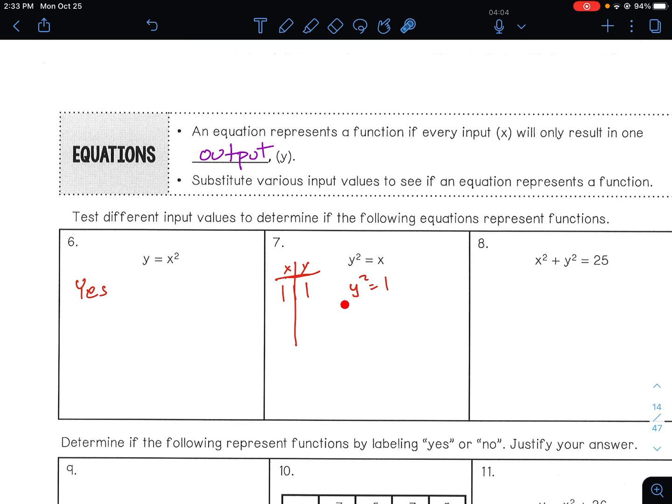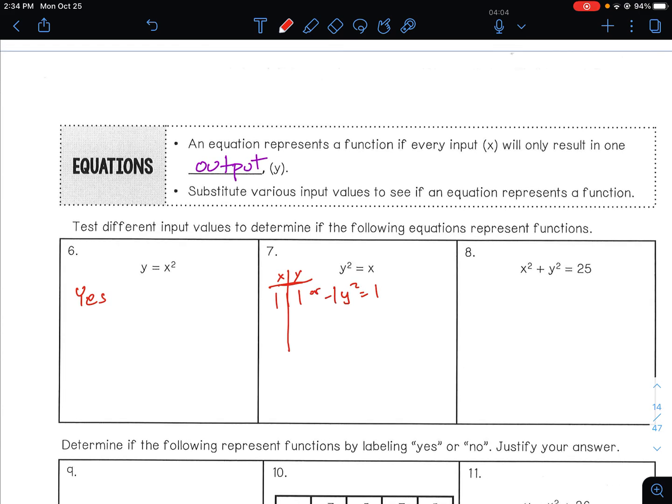Negative 1 times negative 1 also equals 1. So if x is 1, y can actually be 1 or negative 1. Doesn't that mean it's not a function? Because I would end up having 2 points, point (1, 1) and also point (1, negative 1), which is confusing.